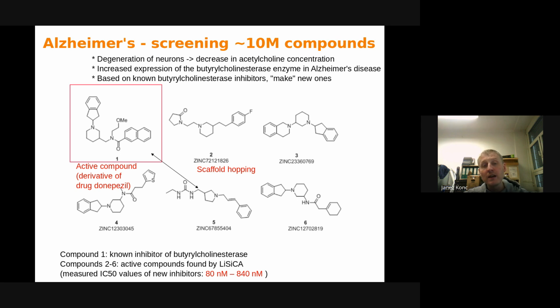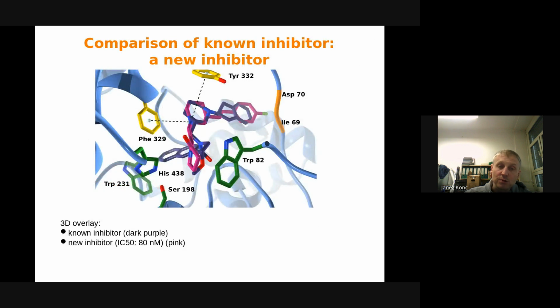So we want molecules that are not too similar to our active compound, but retain some properties of our active compound, which is called scaffold hopping. We just hop between different scaffolds. And our Lisica algorithm enables you to do this.